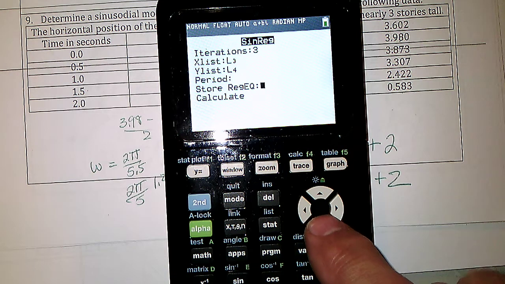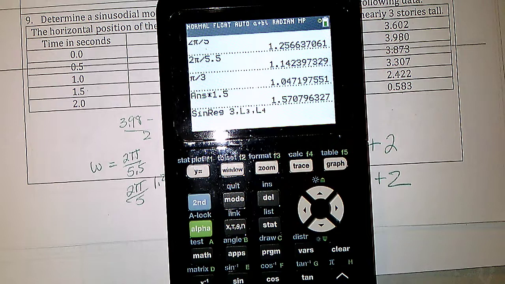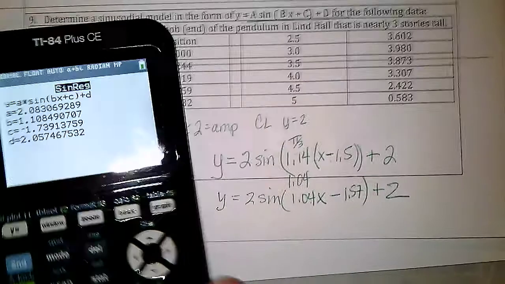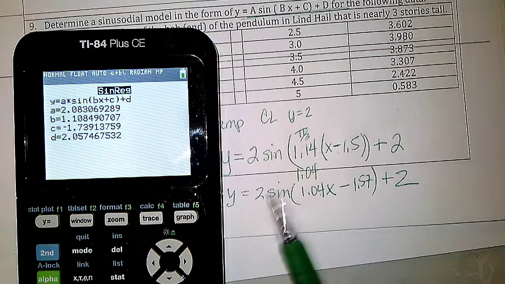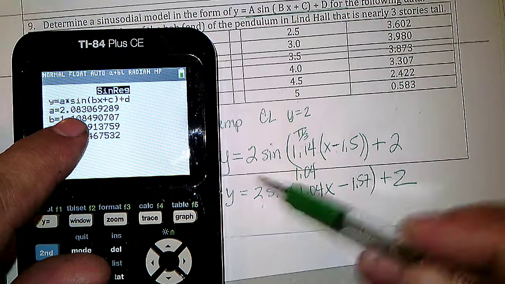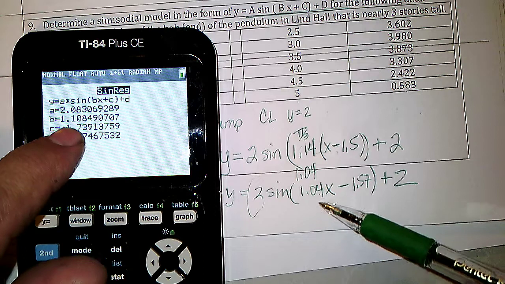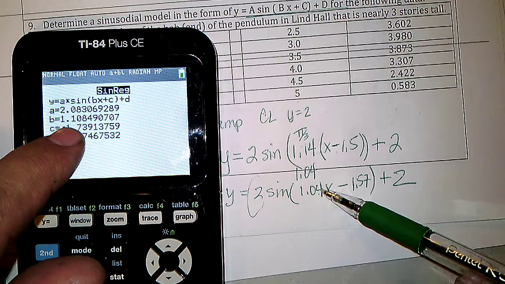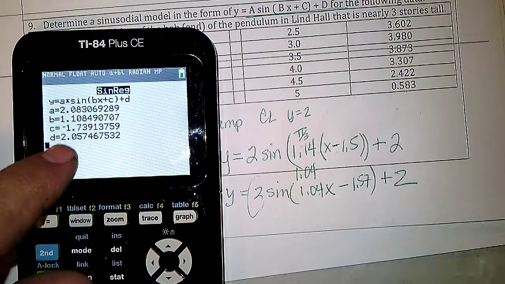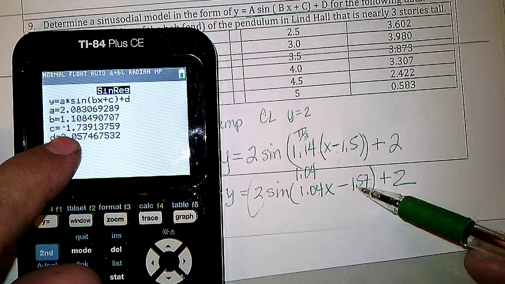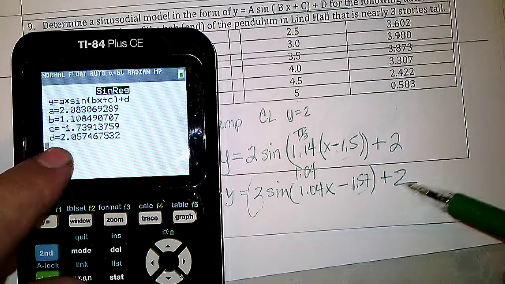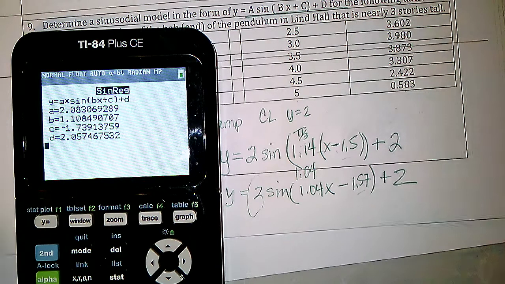I don't know for sure what the period is, so I'm going to let it figure it out, and it's going to tell me that it thinks the A should be 2.008, close enough. This should be 1.10. That's kind of in between these, so I could have used this one or this one. It thinks the C should be minus 1.73. A little off there, but close enough. And over here is 2.05.